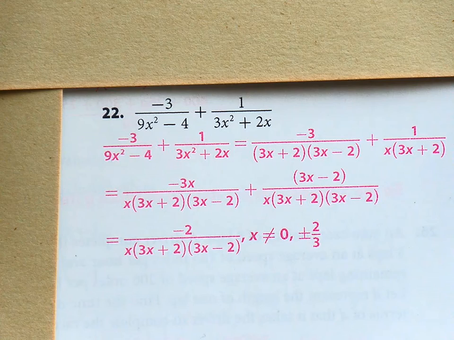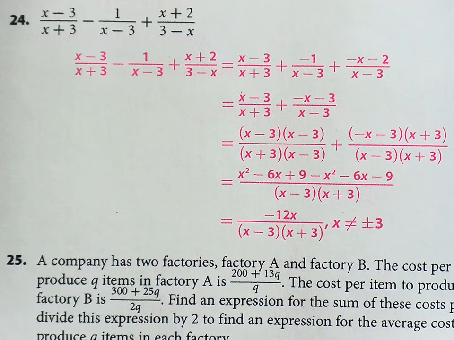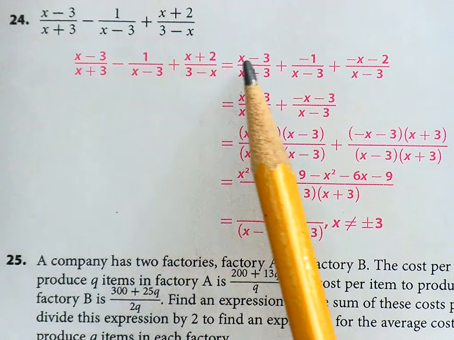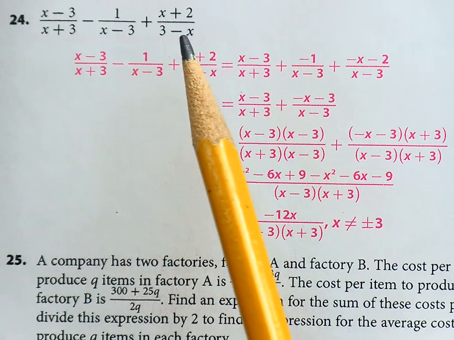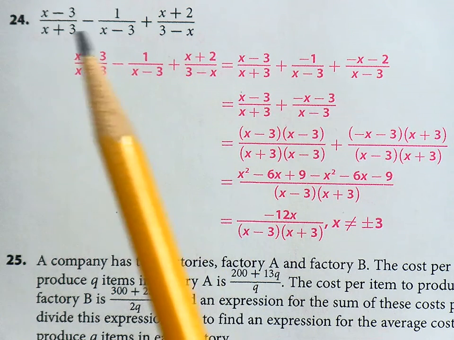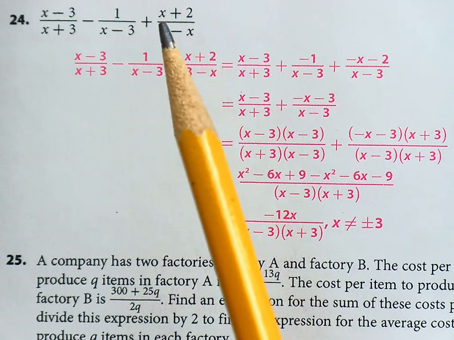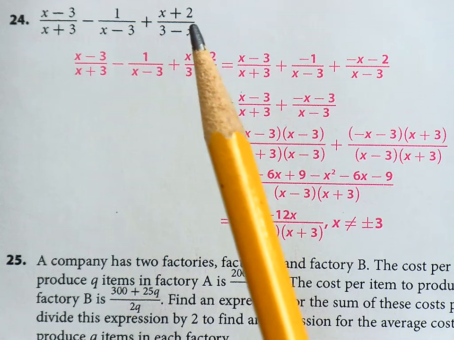Alright, let's look at 24. On number 24, we have our 3 fractions that currently have different looking denominators. If we notice, this one switched here.